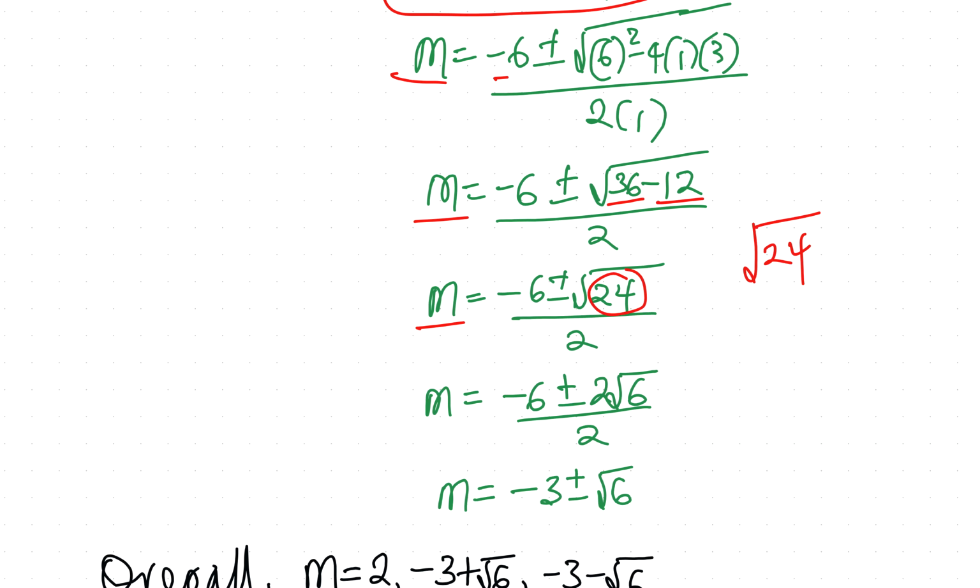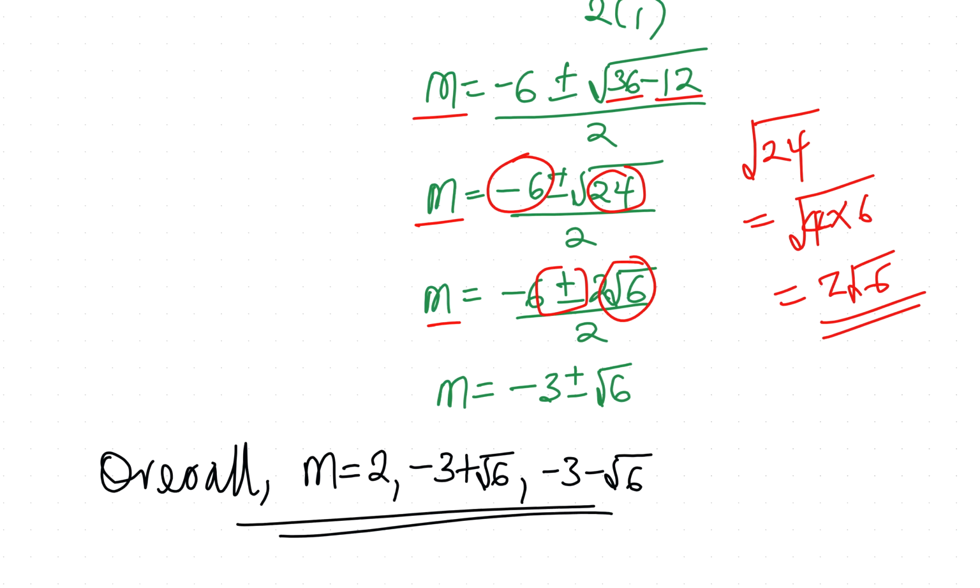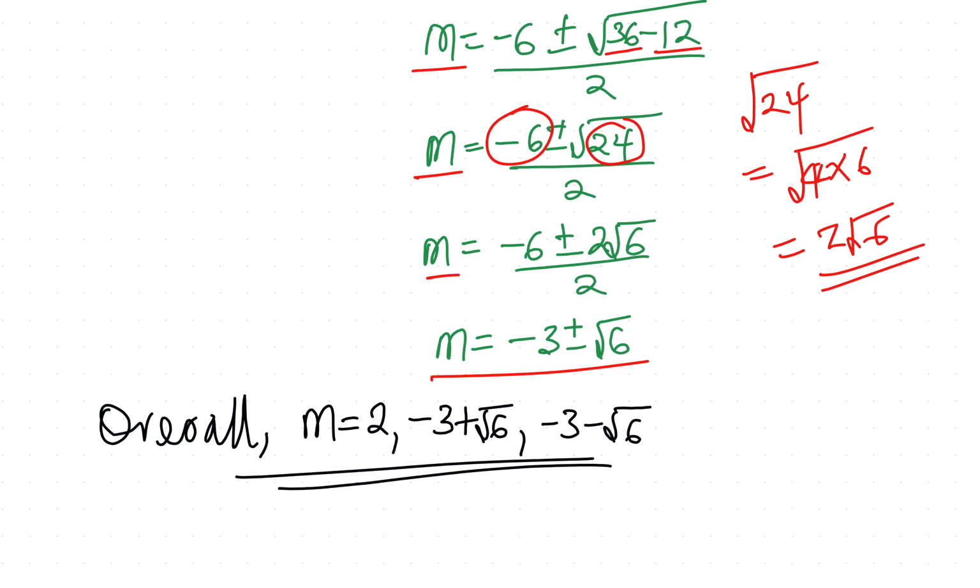Square root of 4 is 2, and then you have root 6. So m is minus 6 plus or minus 2 root 6. Dividing through by 2, we have m equal to minus 3 plus or minus root 6. So the overall solution is m equals minus 3 plus root 6, or m equals minus 3 minus root 6.